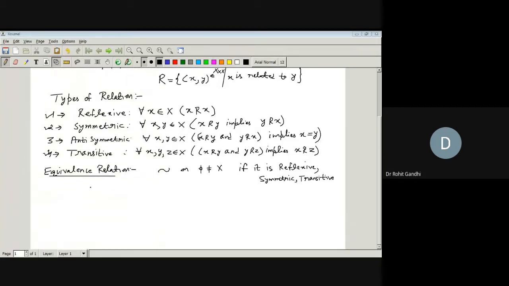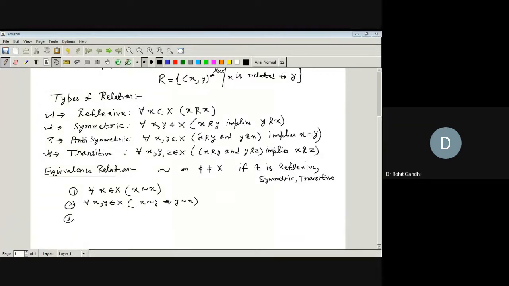That means the first property is that for every x belonging to capital X, x should be related to itself. Second, for every x, y belonging to capital X, if x is related with y, this implies y should also be related with x.